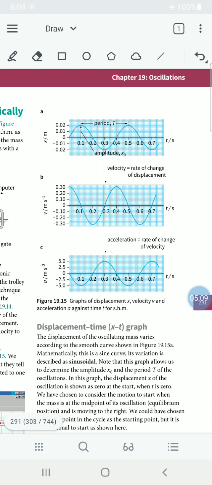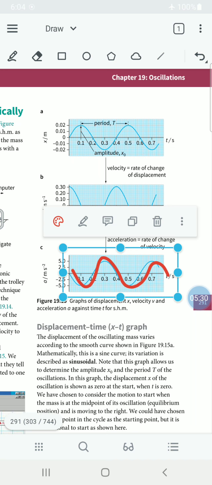Mathematically, this is known as a sinusoidal curve, because it is a sine curve. So these kind of curves are known as sinusoidal curves. I hope you understood.